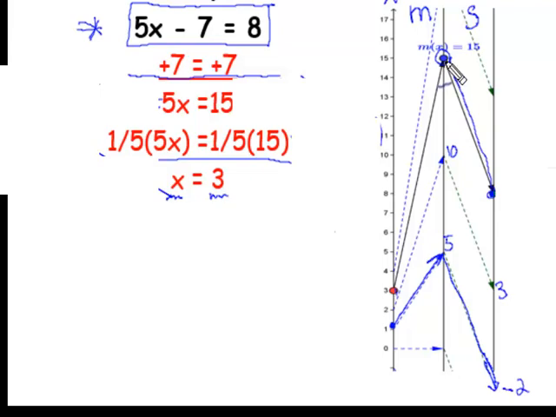And then we trace back from 15 to the number 3 by dividing by 5, which reverses the process of multiplication by 5 that originally got us to the 15. And so we visualize solving 5x minus 7 equals 8 by starting at 8, going back by adding 7 to the number m of x, and then dividing by 5 to go back to the number 3, the source of the original 8.